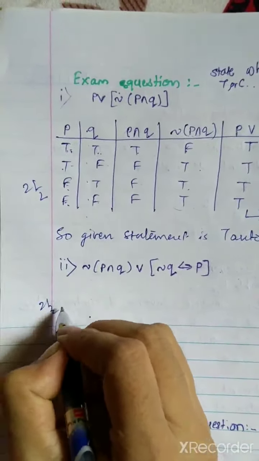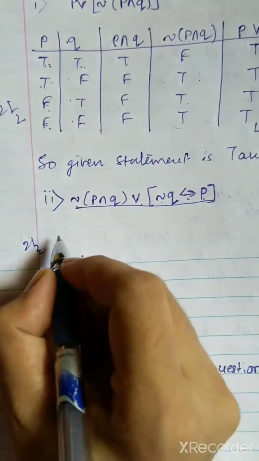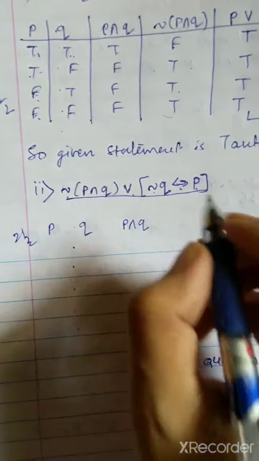So this is another example. Here we have P and Q, or with negation P, by implication, double implication Q. So we'll write P, Q, then P and Q, and both we have to negate.